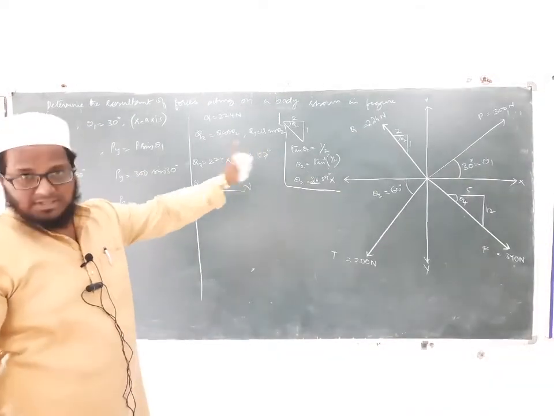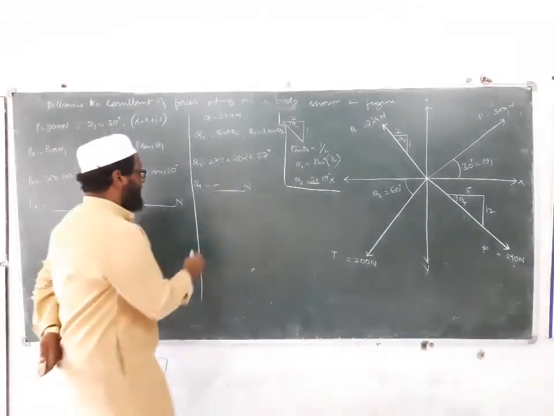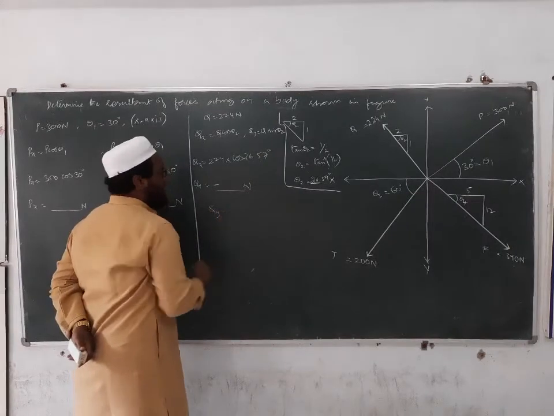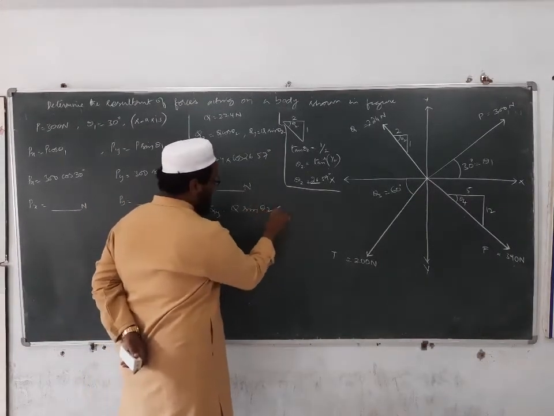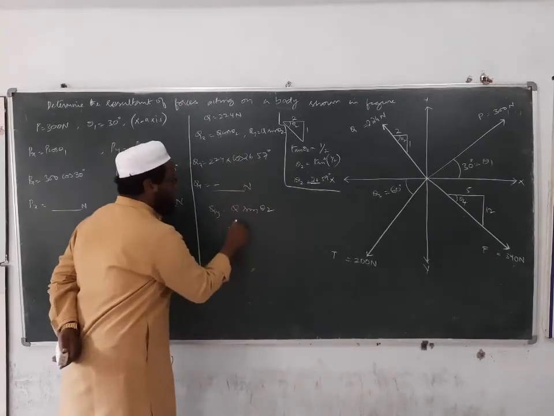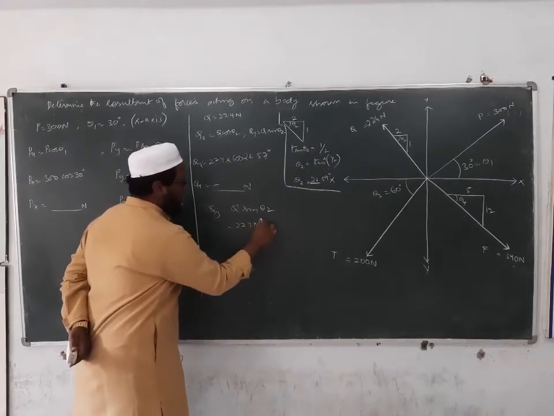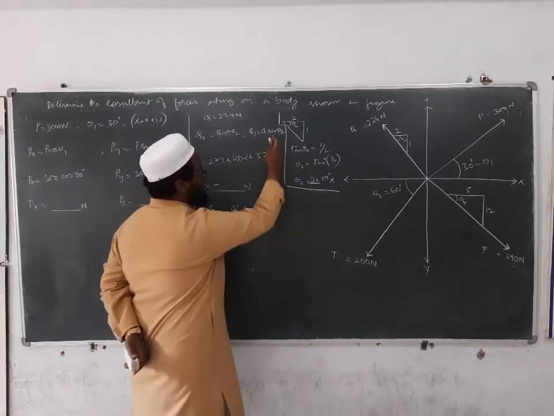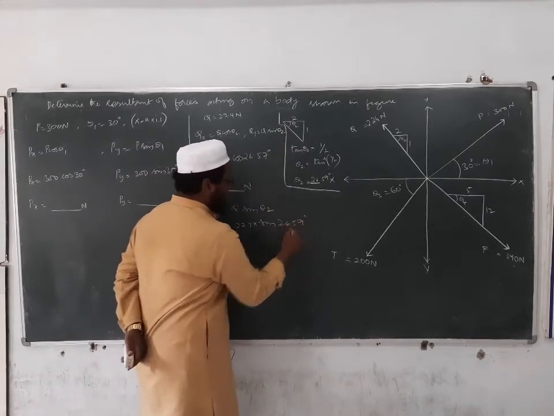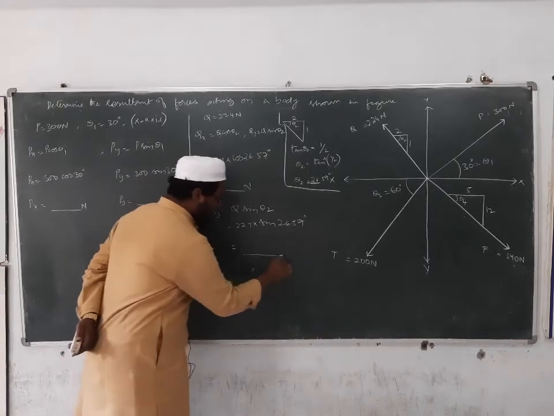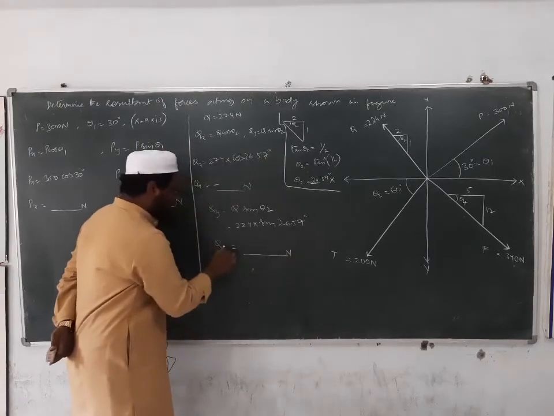Why? Because x is negative in the second quadrant. What about Qy? Qy is equal to Q sin theta 2 as I have mentioned here. So 224 into sine 26.57 degrees. So you will get some value in newtons for Qy. Alright.